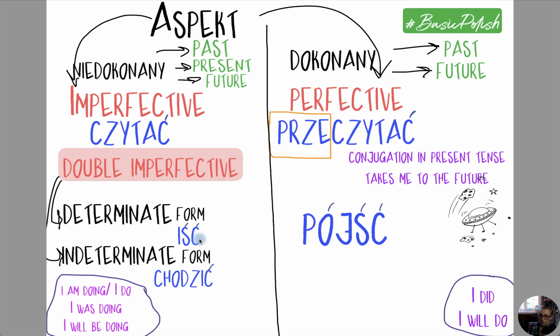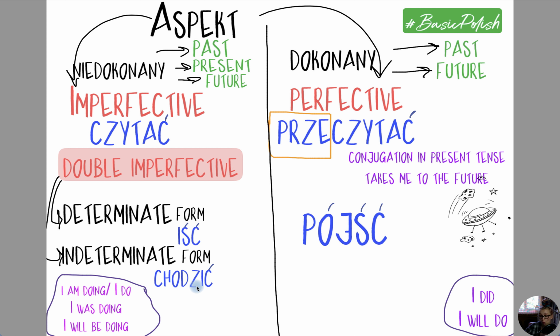So the difference between idę and chodzę is that idę means I'm going somewhere right now. There could be another translation, but don't worry about it for now. Idę do sklepu. I'm going to the shop right now. But chodzę do sklepu will mean I go frequently to the shop. I'm doing shopping.